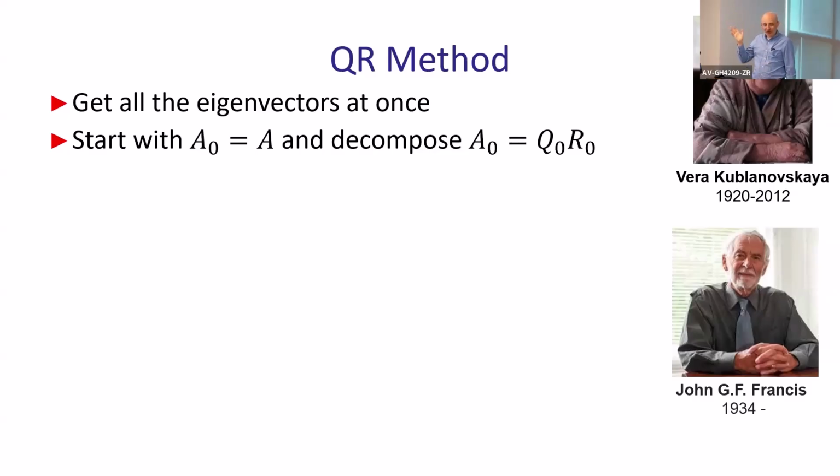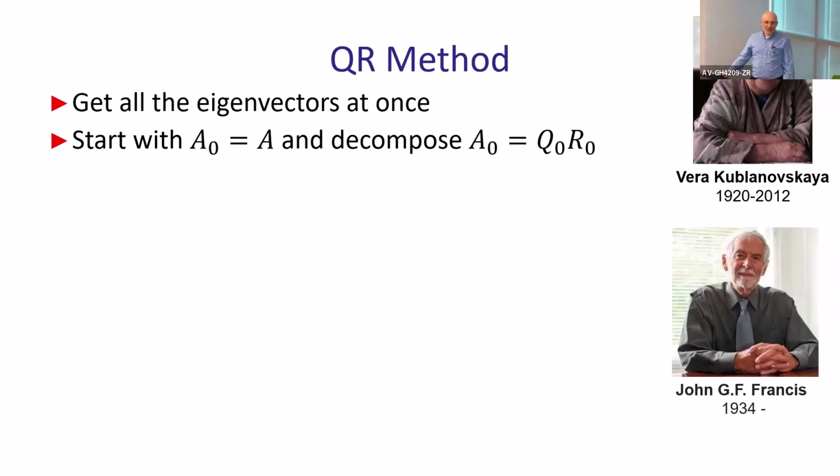So Q inverse equals its own transpose. This is that great property of Q matrices. So you can always decompose any matrix into a matrix whose transpose is its own inverse, and a triangular matrix.